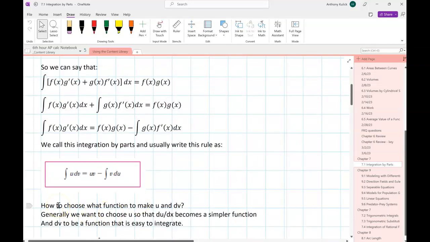So the key here is, okay, I have the product of 2 functions that are unrelated to each other that I can't do a u-sub with. How do I choose the function to make u and the one to make the dv? This is going to be the key, is getting good at doing this.